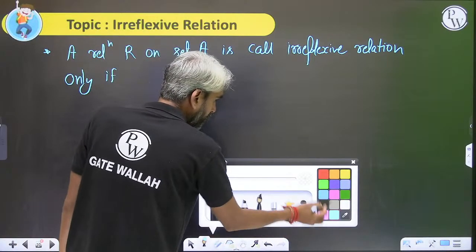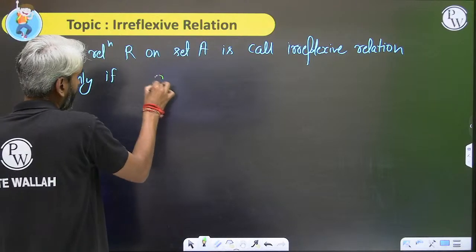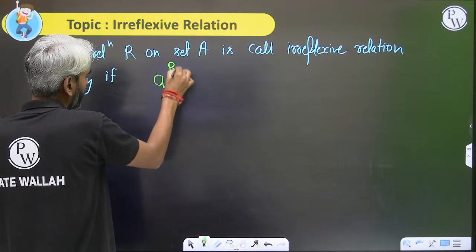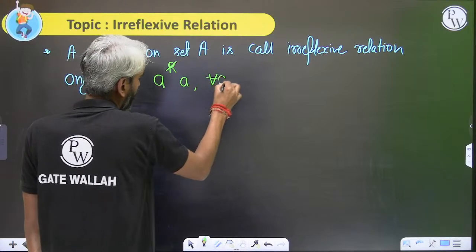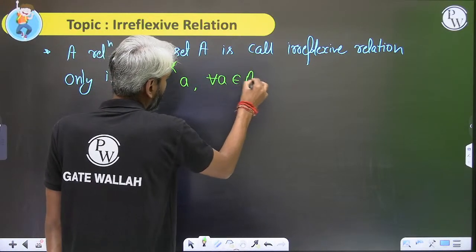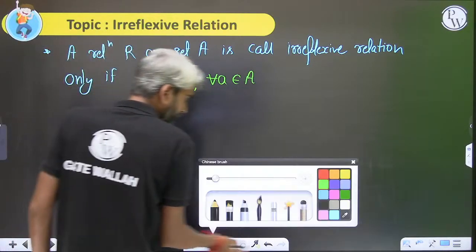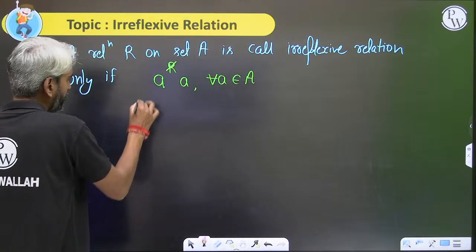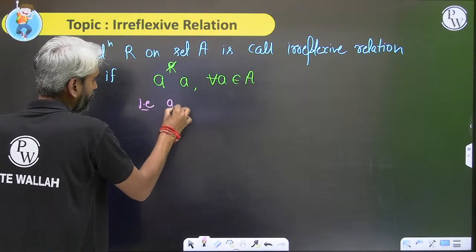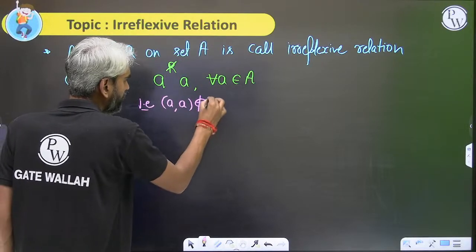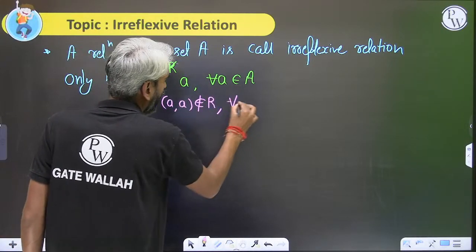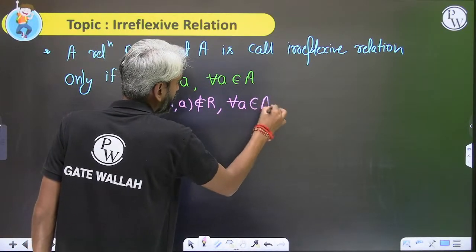The opposite: only if a does not relate with a for all a belonging to set A. That is, the ordered pair (a, a) should not belong to relation R for all a belonging to set A.